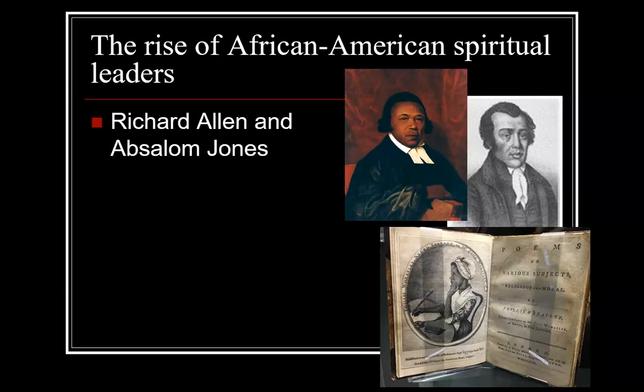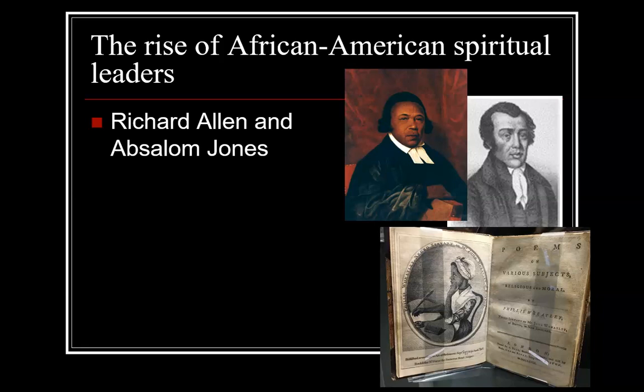And so this is impacting Richard. It's impacting his master as well. But there are laws against just freeing your slaves, and so his master eventually encourages him to purchase his freedom. And so Richard works for the revolutionary forces during the Revolutionary War.